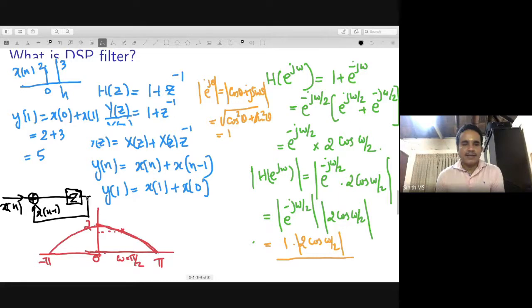If you add them, you get y[n], so you can take y[n] here. There are several ways in which you can represent it. Another way of representing it is like this also. x[n] is here.